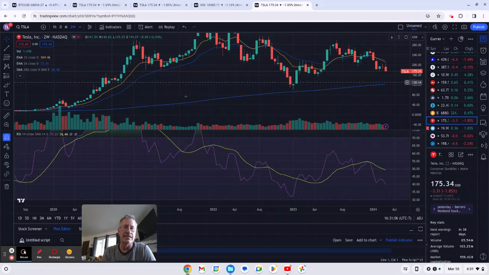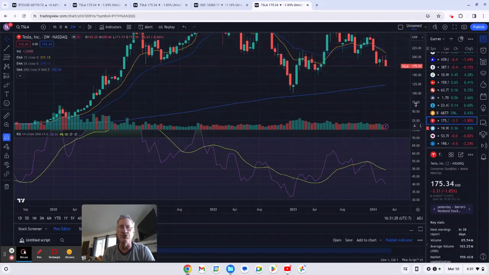Some people, when they do technical analysis and draw trend lines, use the close of the candle rather than where it actually went at some point during that time. So some people don't count the wicks, and they just put a line at the bottom of the body of the candle.